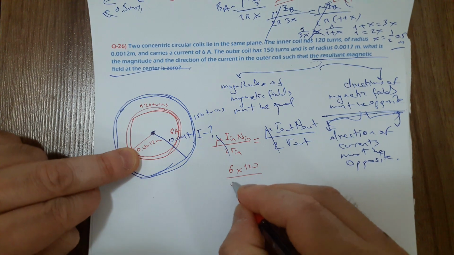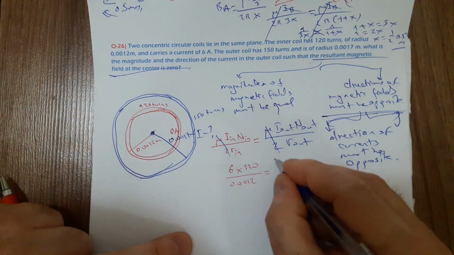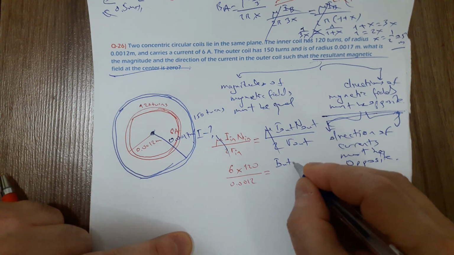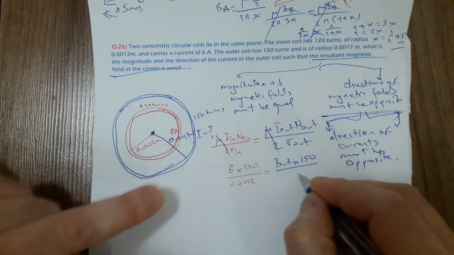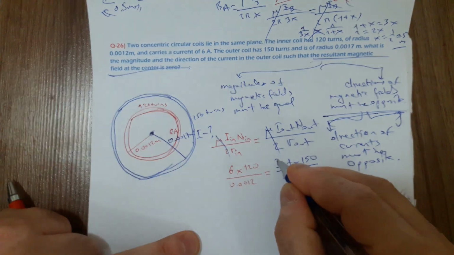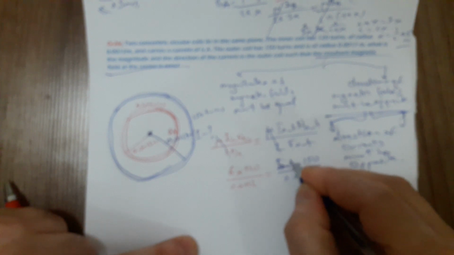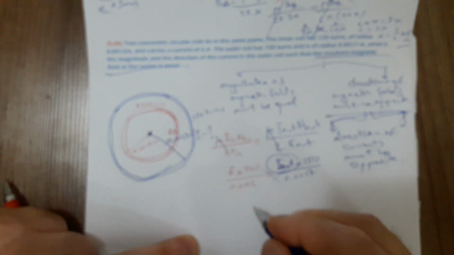The radius of the inner coil is 0.0012, and this must be equal to the current of the outer coil multiplied by the number of turns of the outer coil, 150, and the radius of the outer coil is 0.0017. There is just one unknown, which is the outer coil's current. Cross multiply and you will find the outer coil's magnitude.